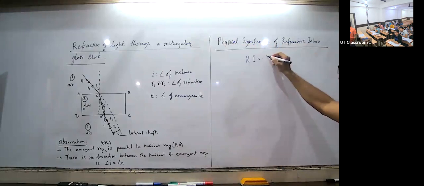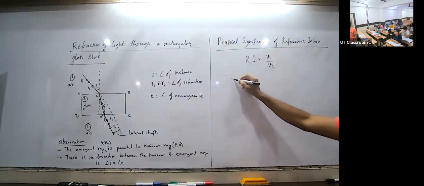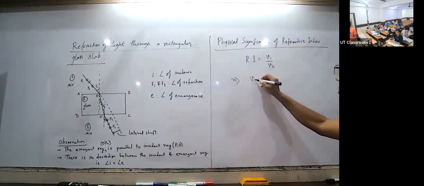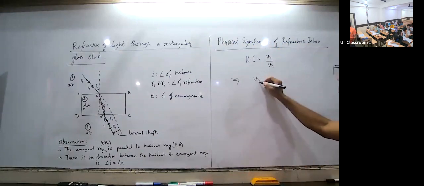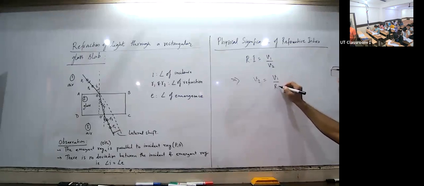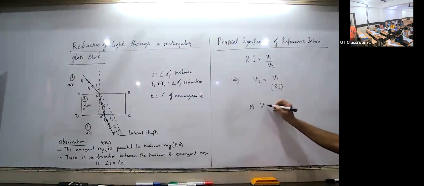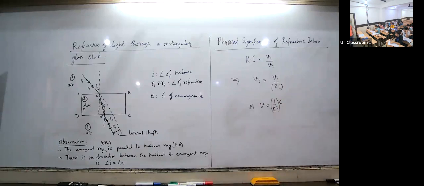What is the refractive index definition? So what does this mean? v2 is equal to v1 upon n. The speed of light is maximum in the first medium, or n is equal to c upon v. So the refractive index of the medium tells you by what factor the speed of light reduces in the refracting medium.